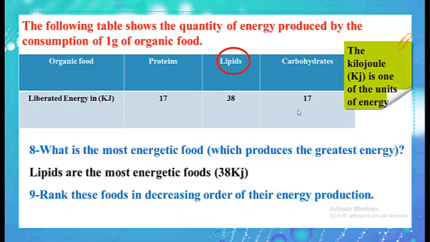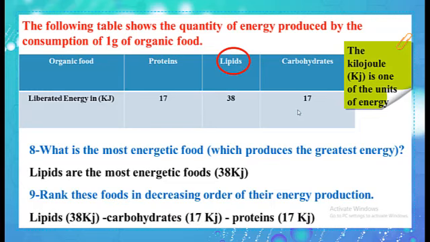Number 9. Rank these foods in decreasing order of their energy production. Decreasing order means from the highest food that gives energy to the lowest food that gives energy. So the highest food that gives energy is the lipids, which is 38 kilojoule, then the carbohydrates, which is 17 kilojoule, and equal to it, proteins, also 17 kilojoule.